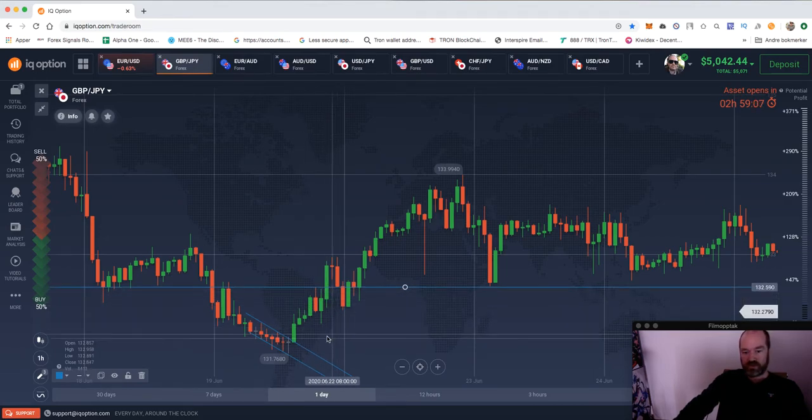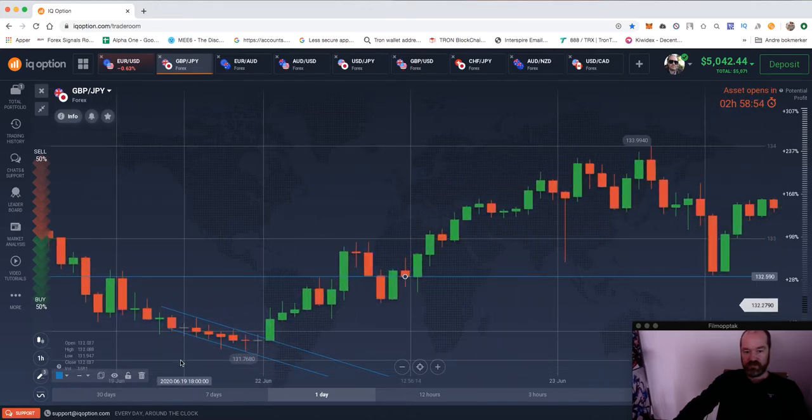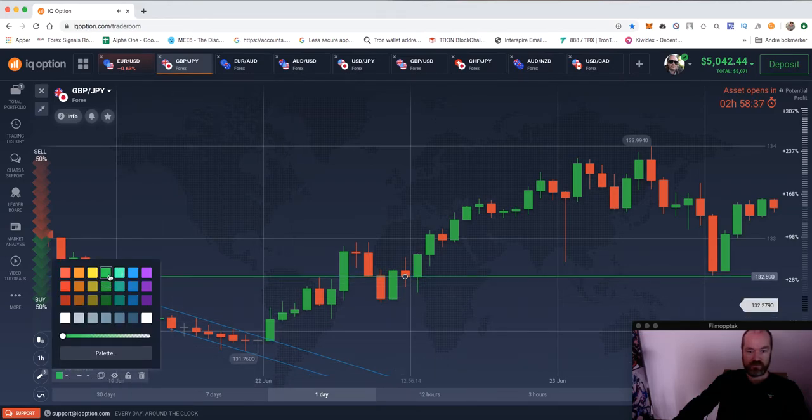And what I always teach, when you go out here, put your stop loss in the last one, the one that is most down, you can say. Because when you're going in a trend down, most certainly this will be the one in the bottom. So let's say we take profit here. Let's make it green, because green is take profit, right?